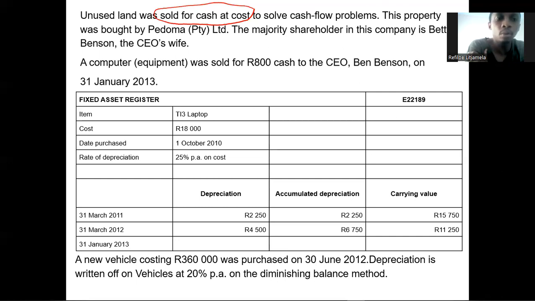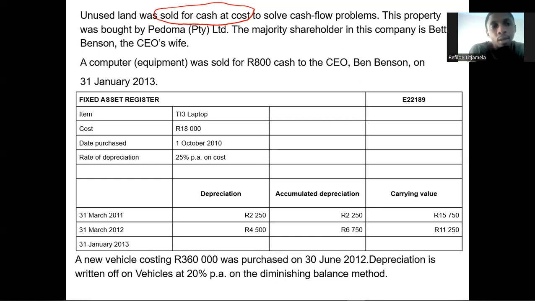This property was bought by Pedomam Pty Ltd, and they don't specify when, but that doesn't matter for now. Then they said the majority shareholder in this company is Betty Benson, the CEO's wife. So the CEO's wife is the majority shareholder, basically owning more voting rights than all the other shareholders.